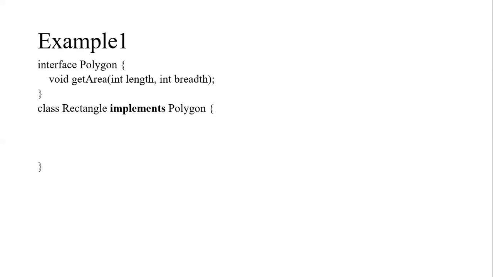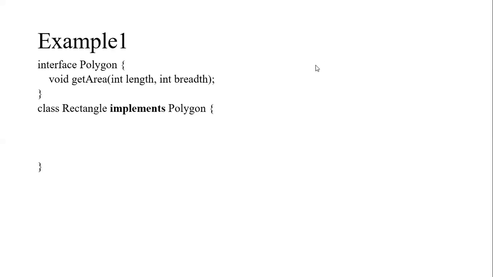When class Rectangle implements Polygon, is the getArea method available in class Rectangle? Now if I want to give an implementation for getArea, what do I need to write in class Rectangle? Do I need to write just void getArea(int length, int breadth)?